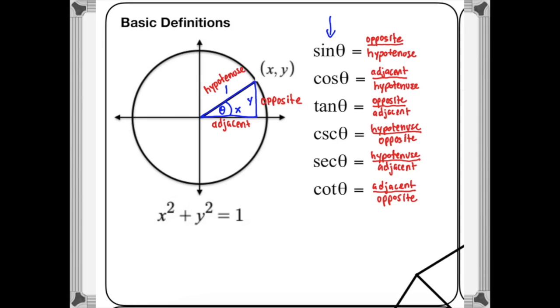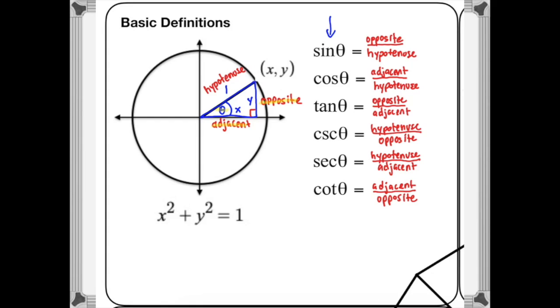Okay, so these were the definitions when we had right triangle trigonometry in past classes, and basically it had to do with the actual angle theta and the sides' positions from that: the opposite side, the adjacent side, and the hypotenuse.